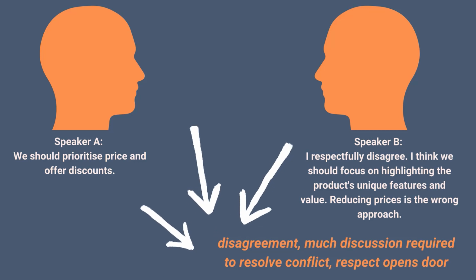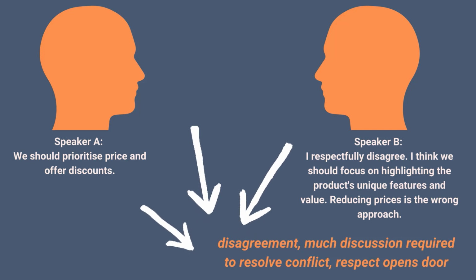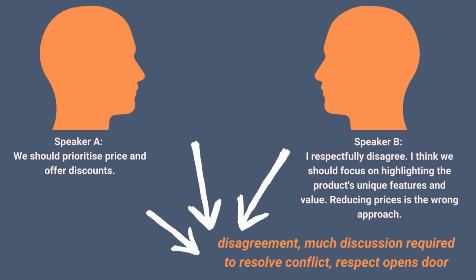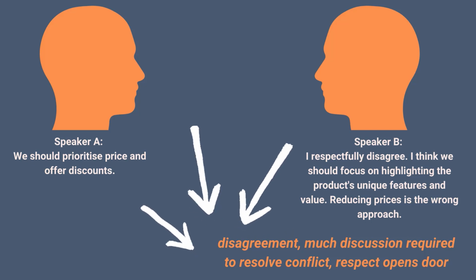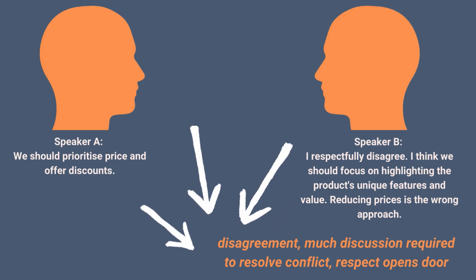This will help to open up the door for further discussion. Speaker B gives his or her opinion and firmly states that he or she doesn't agree with Speaker A, and that we're going to have a lot of discussion to resolve the conflict. Or maybe by opening up the discussion again, we'll get a better solution or maybe a more creative solution.